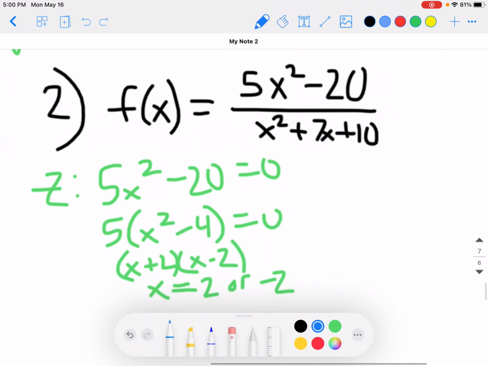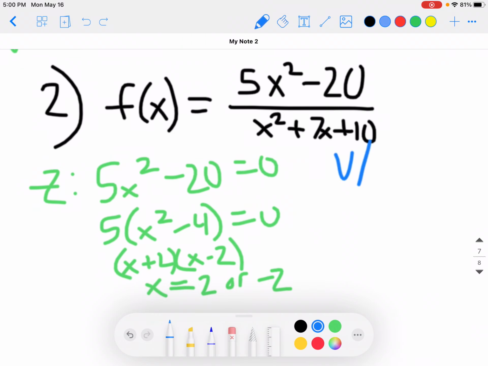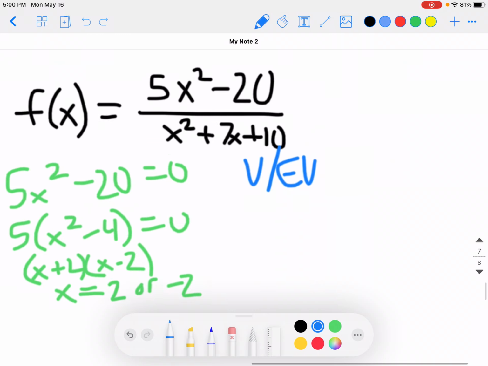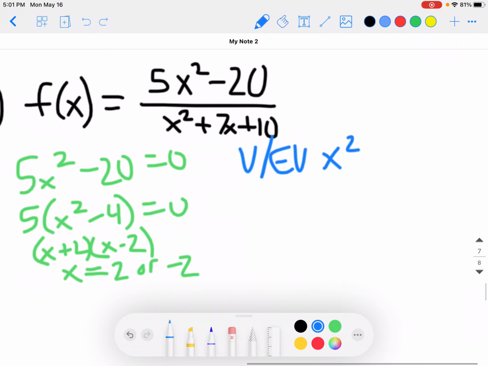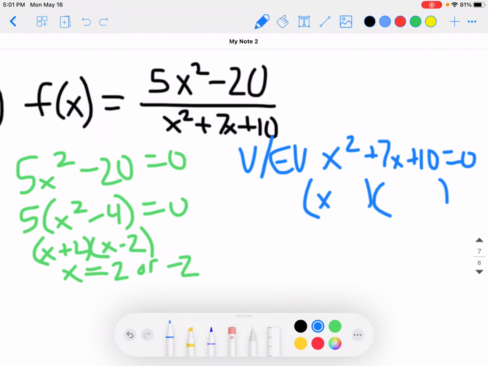Now for my vertical asymptotes or excluded values, I'm going to do something similar where I take x squared plus 7x plus 10 and set that equal to 0. Since this is a quadratic, I now need to use those quadratic skills. So x plus 5, and then x plus 2.